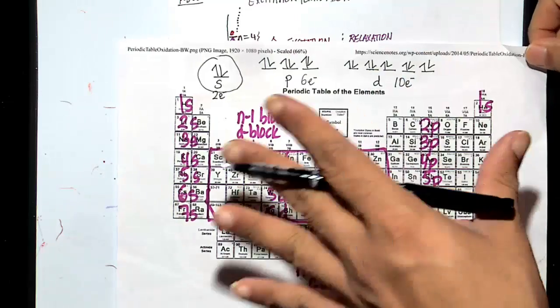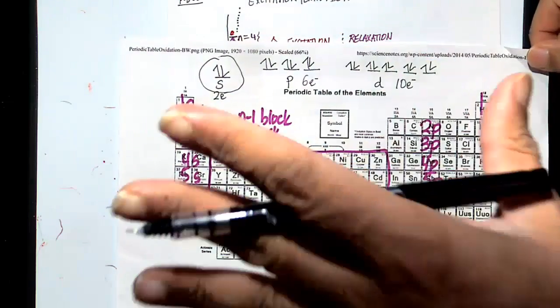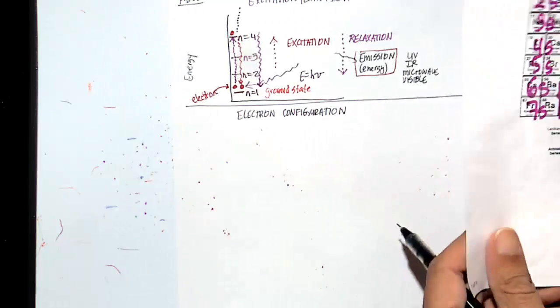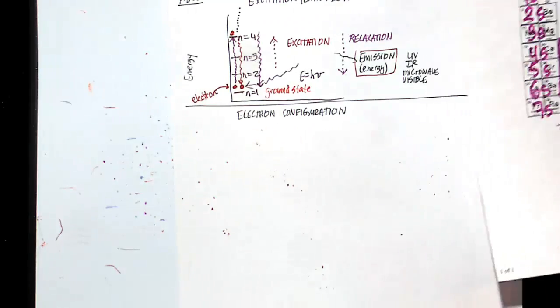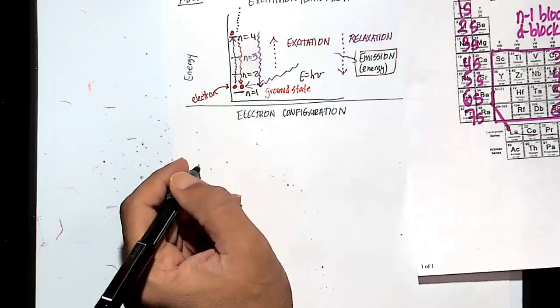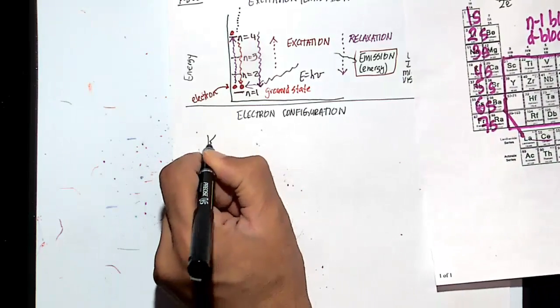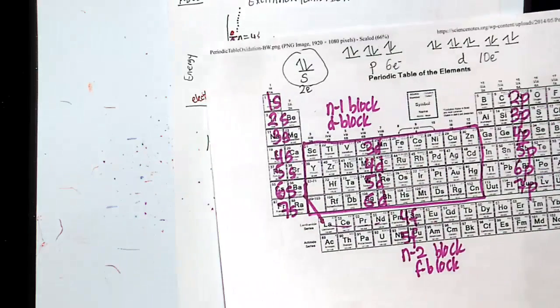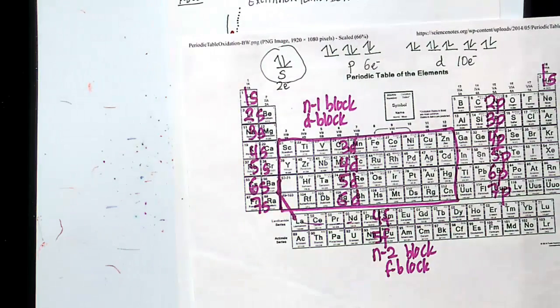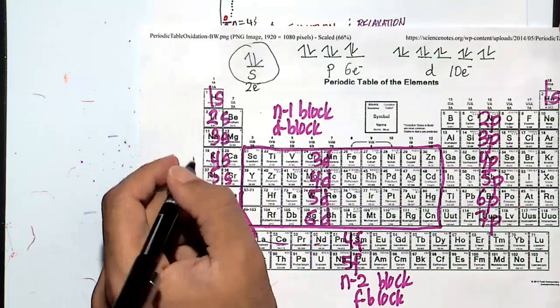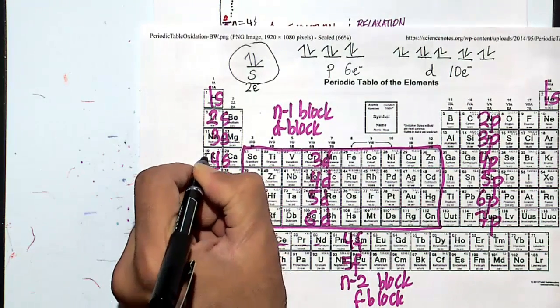So knowing how the electrons are going to go in, we can get the electron configuration of some of these elements. As an example, let's give potassium. Potassium has 19 electrons.